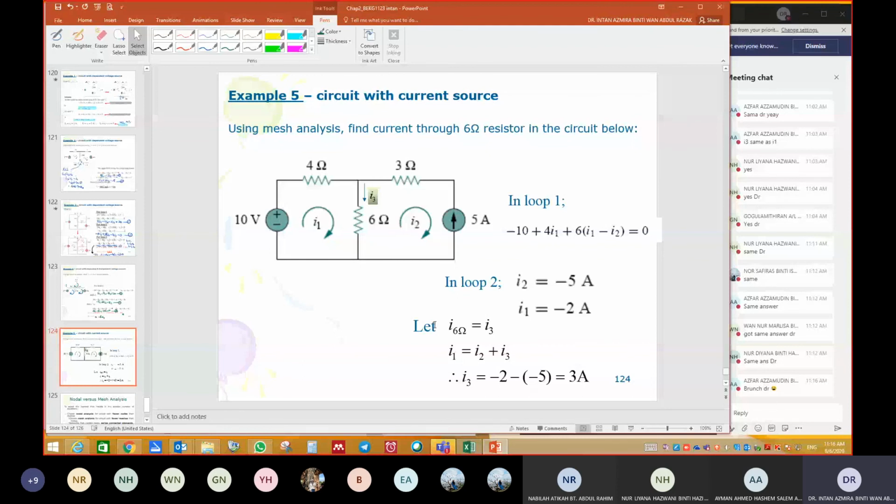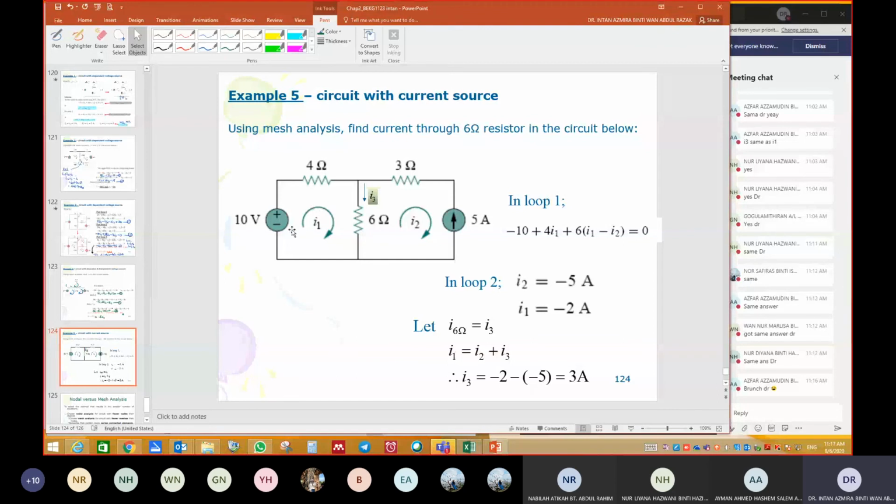This is the next example. We have two loops, so we will have two KVL equations to find two unknown currents. Okay, so let's write the first KVL equation.